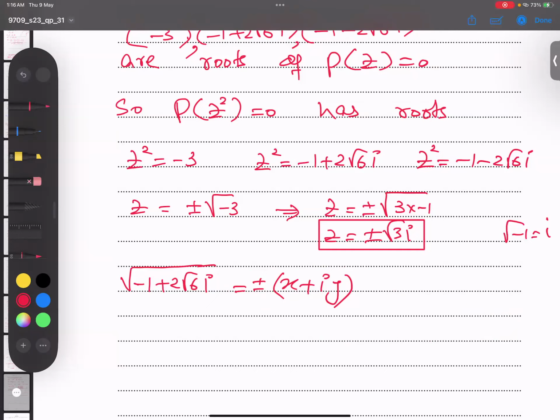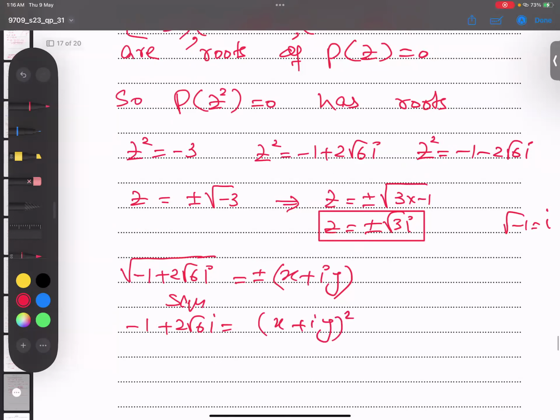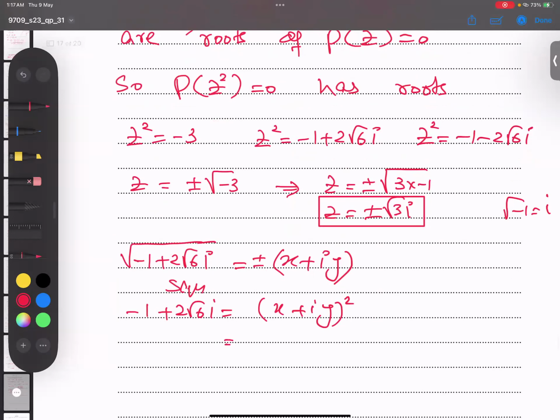So let's try to solve it. If I get the x and y values, I will get the square root of this, and the same I'll get for it. So first of all, squaring both sides. Squaring the left side, the root will finish automatically. Squaring the right side, I first term square plus 2 into first term into second term plus second term square.